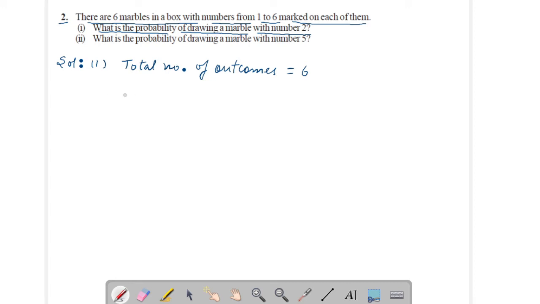A marble with number 2 is obtained in one way.